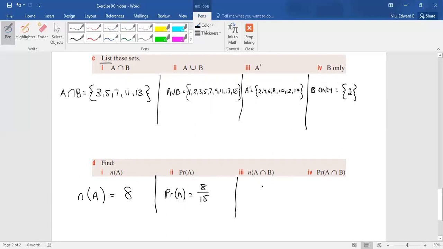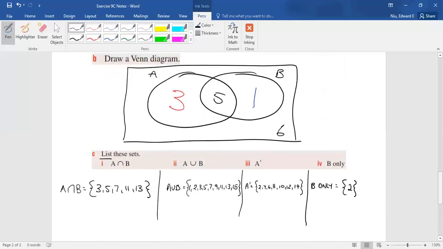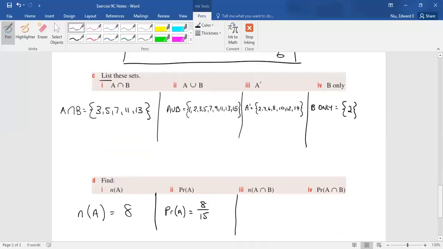Here we're asked how many elements are in A and B. Well, A and B is this intersection here in the middle, and we've got 5 numbers. So here we've got n of A and B. The number of elements in A and B is 5.